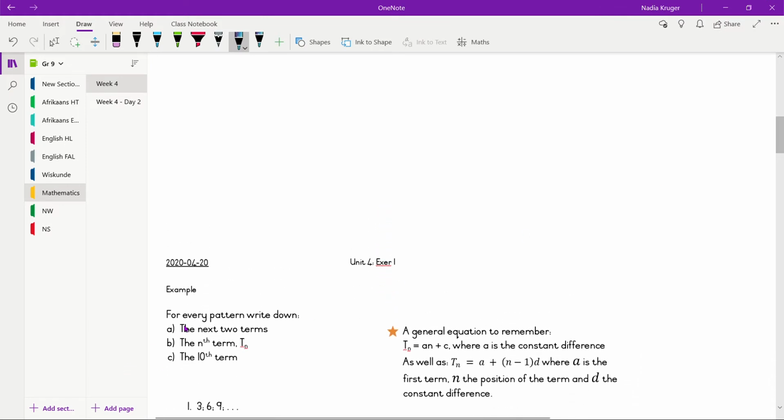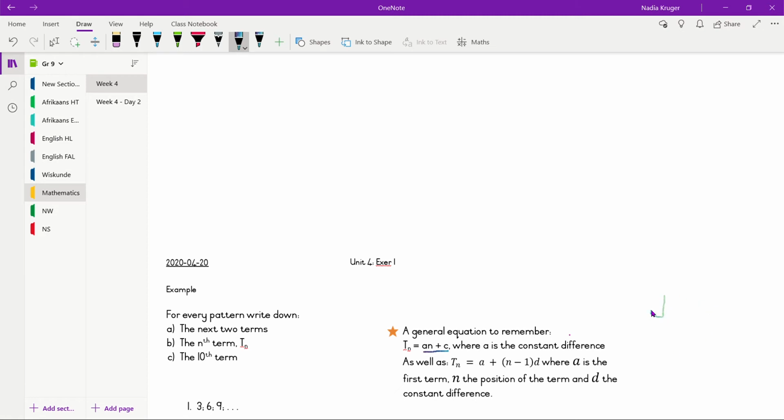Okay, for every pattern, write down the next two terms, the nth term and the 10th term. That is information that they usually ask for in any pattern. What I need to give you is a general equation that you should remember and use. So Tn is equal to An plus C, where A is the constant difference, as well as Tn is A plus (n minus 1)D, where A is the first term, n is the position of the term, and D is the constant difference.